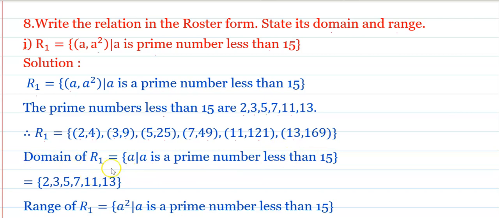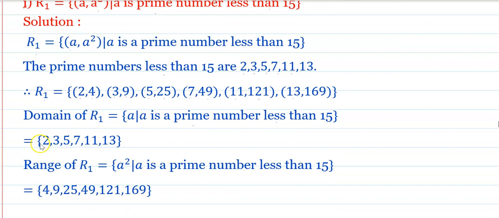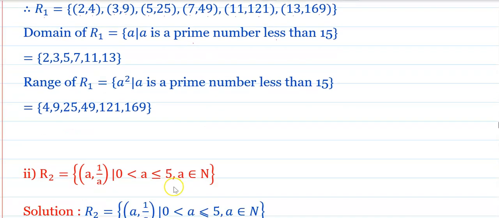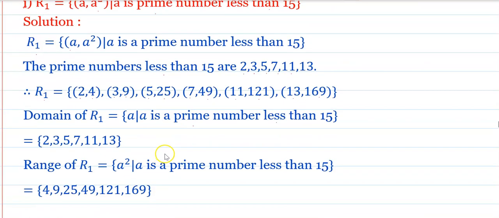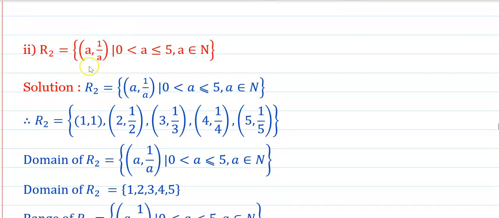Domain of R1: a is a prime number less than 15, that is 2, 3, 5, 7, 11, 13. And the range of R1: 4, 9, 25, 49, 121 and 169. In this way, find the domain and the range for R1. Easy question.